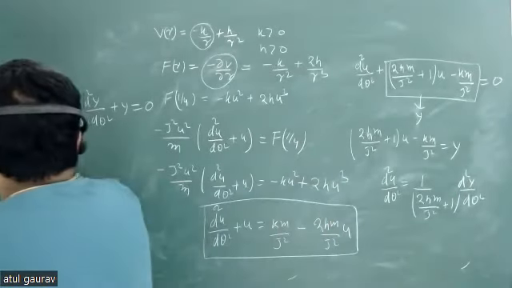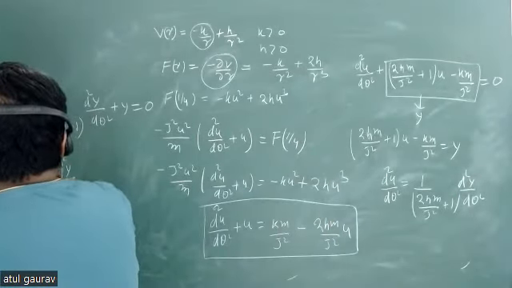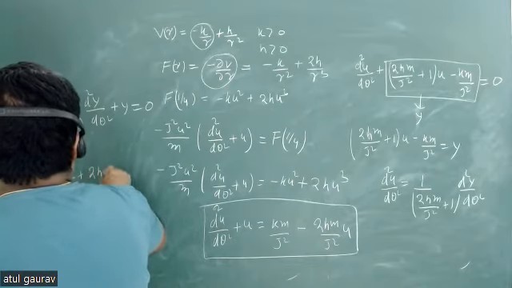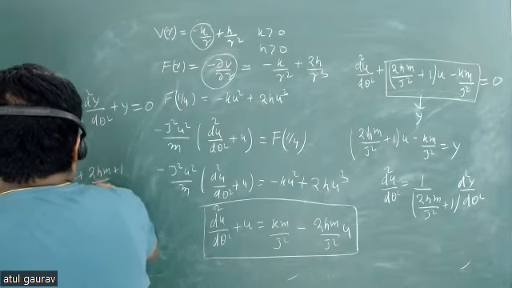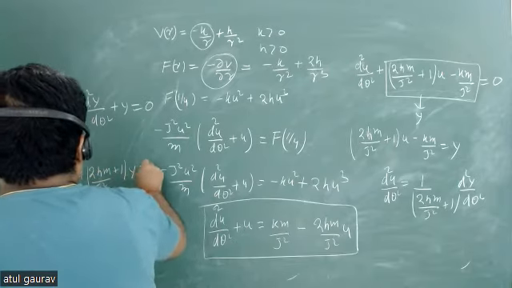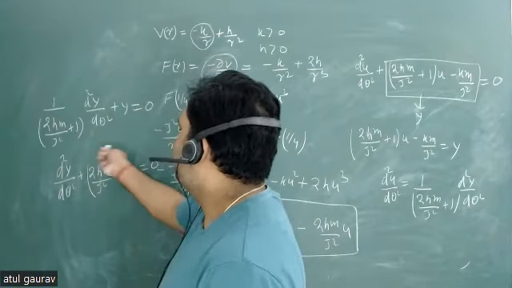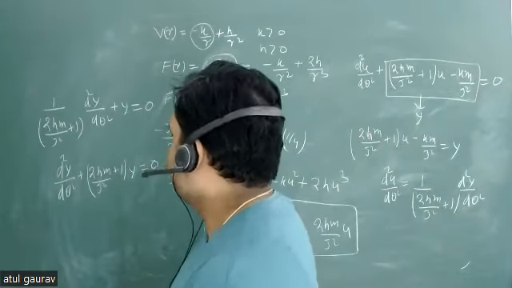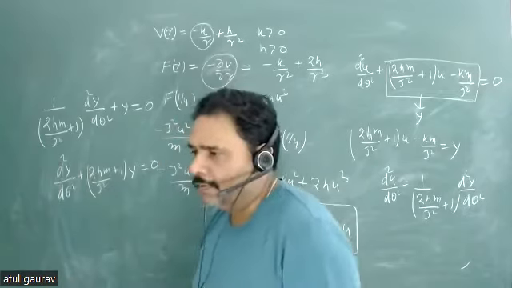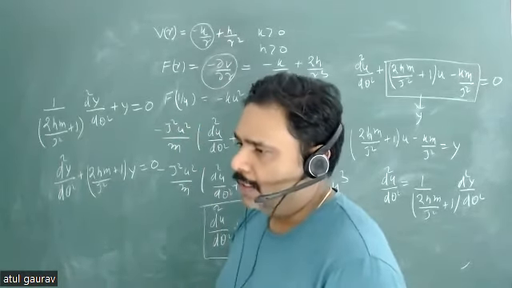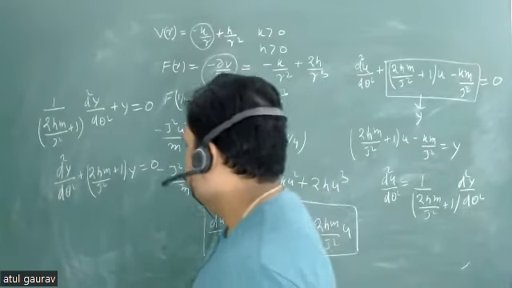And your equation is d square y d theta square plus (2hm upon j square plus 1) y must be equal to 0. I can put this thing as omega square because everything is positive, isn't it? Put कर सकते हैं इसे?